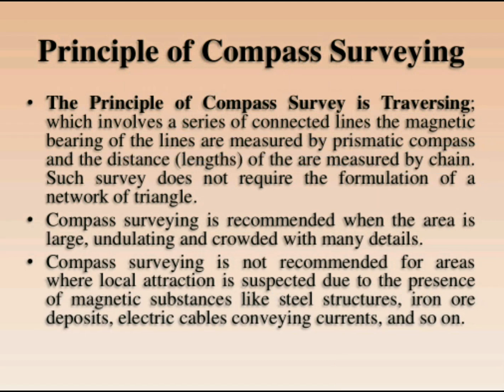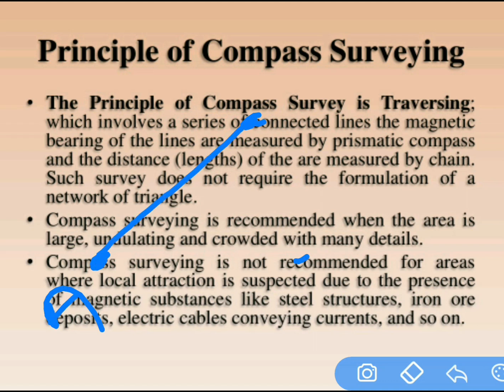Just now I told. For example, if I want to give a relationship between these 3 points, right? Here A B, I can take the distance from A to B with the help of chain or tape, or I can use angle measurement also to take the direction of B, right.